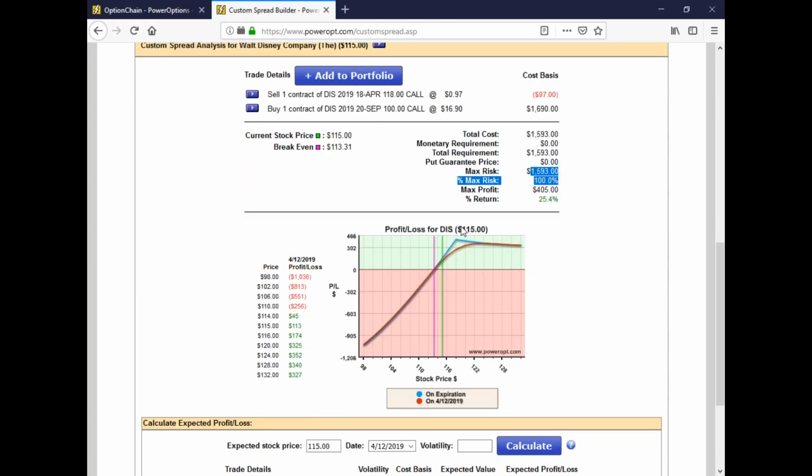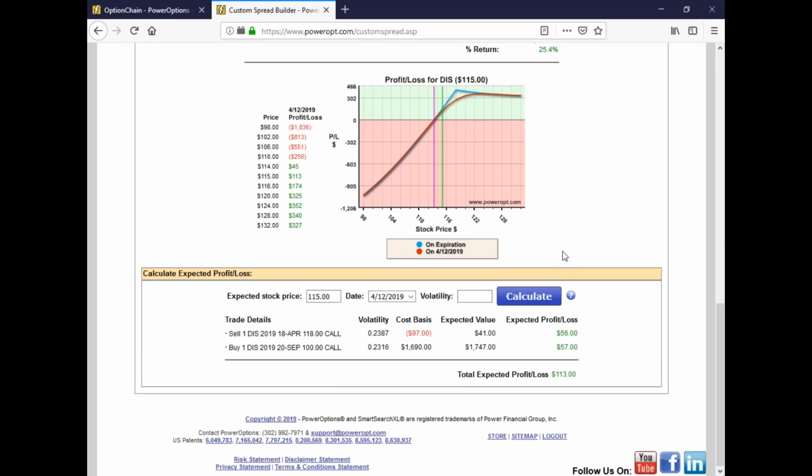Now, what happens if the stock stays at the same price, perfect at 115 on our expiration day of April 18th? Well, they paid $16.90 for the call here. Let's see here. What would happen if the stock stayed right at 115? Well, naturally, we get the decay on the position. But wait, something's not right here. Here we are on April 5th.